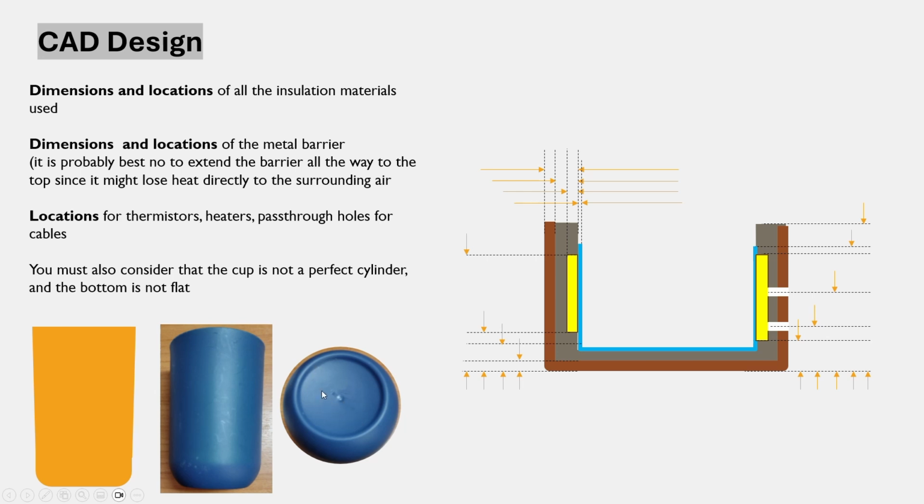So that was the purpose of the CAD design: first, understanding the size of the cup and making sure you know the inside dimensions needed in the holder to place all these different materials, the insulation, the barrier, the pass-throughs, and space for heaters and wires, etc.